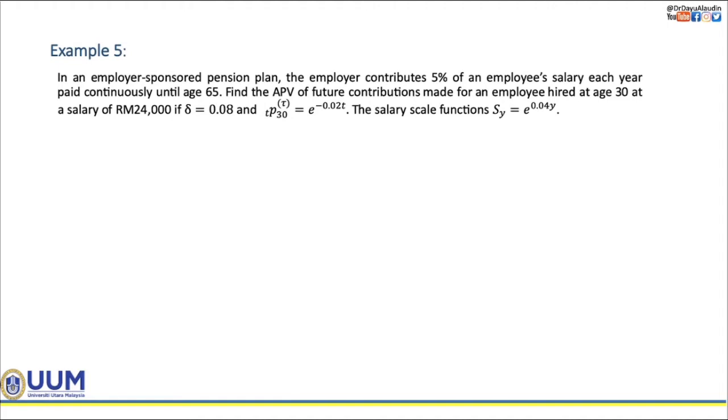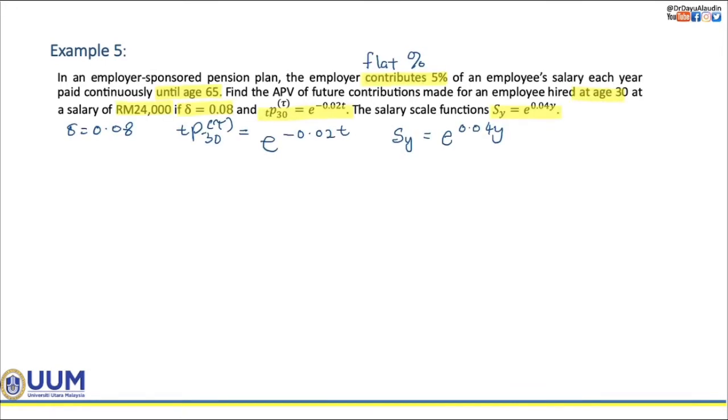Find the APV of future contributions made for an employee hired at age 30 at a salary of 24,000, if delta is equal to 0.08 and tP30 tau is equal to e to the negative 0.02t, and the salary scale function is s(y) equal to e to the 0.04y. So all the information is given.